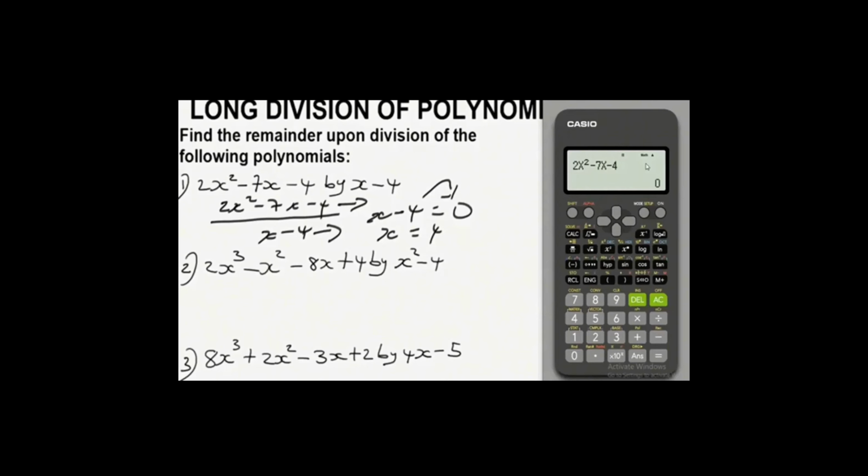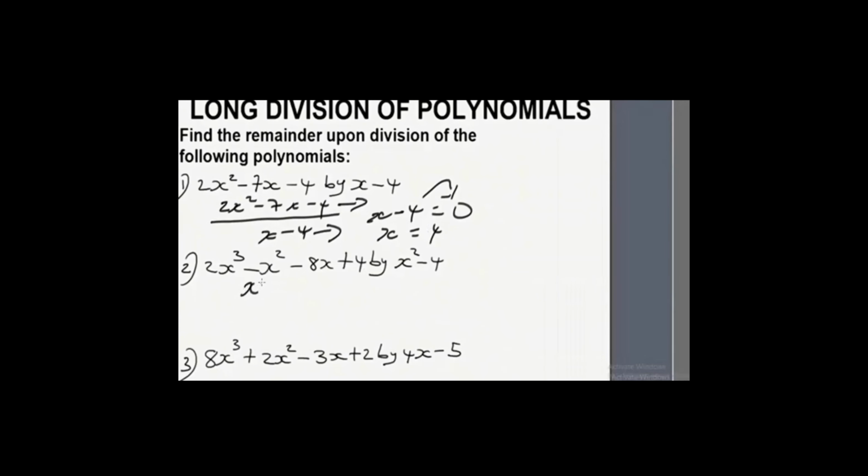Very interesting. For question 2, we have the polynomial 2x cubed minus x squared minus 8x plus 4 by x squared minus 4. So the polynomial is being divided by x squared minus 4. The divisor, which is x squared minus 4, is equated to 0.